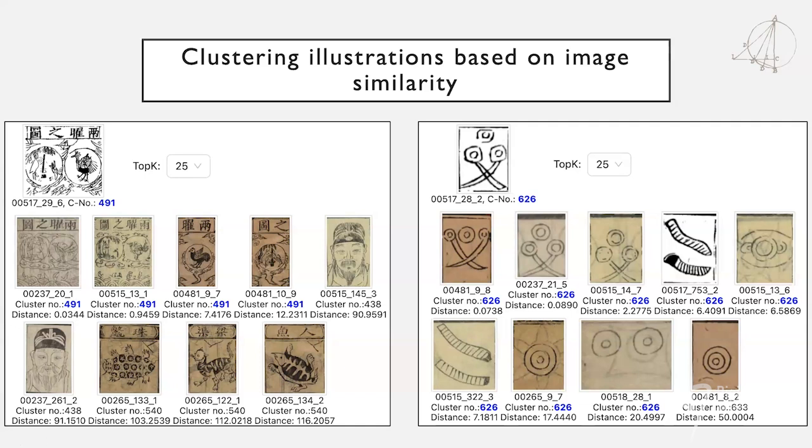So here we are still doing some experiments using certain algorithms, and you can see that on the left-hand side, it seems to work well. The top one is the target. With that, we pull out other similar images currently in the database.